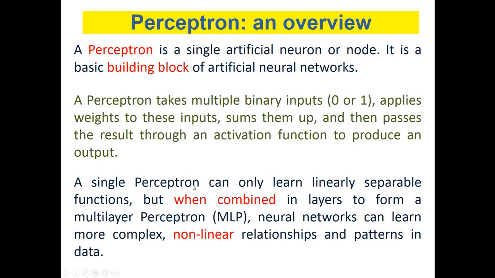A single perceptron can only learn linearly separable functions, but when combined in layers to form a multi-layer perceptron, neural networks can learn more complex nonlinear relationships and patterns in data.